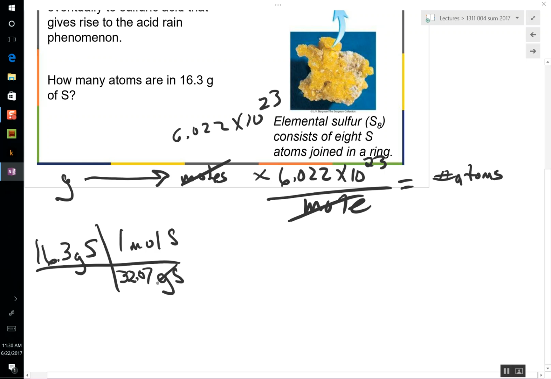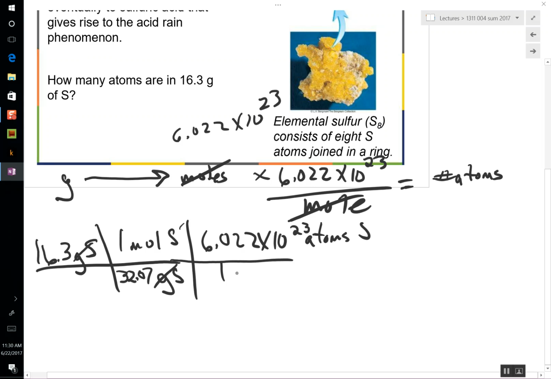And at that point now, what do I have? I have moles of sulfur. Then I know that there are 6.022 times 10 to the 23rd atoms of sulfur per mole of sulfur.